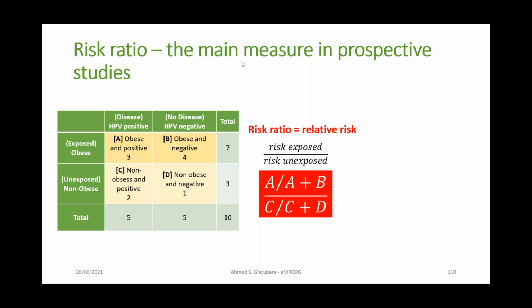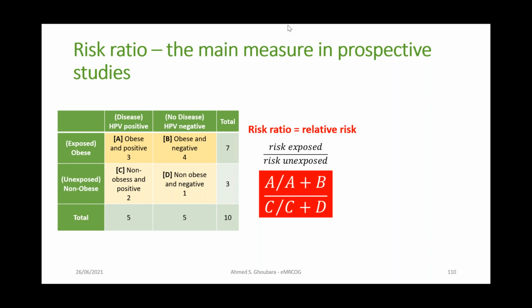So in prospective studies, the prospective cohort study, the main measure of association will be the relative risk. Don't ever forget this. Yes, you can do the odds ratio, but that will not be perfectly accurate. I'll explain the retrospective cohort in a minute.